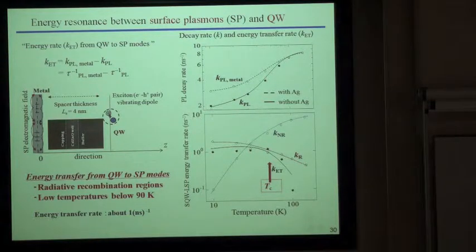So this experimentally suggests that a threshold temperature is observed for the first time, where radiative recombination occurs as the energy transfers from the quantum well to the surface plasmon mode, and its threshold temperature is 90 kelvin. This threshold temperature strongly depends on the quality of, for example, the doping characteristics of the zinc oxide.